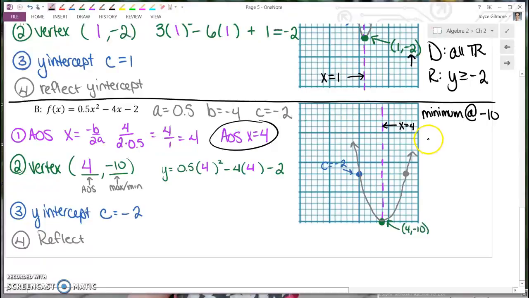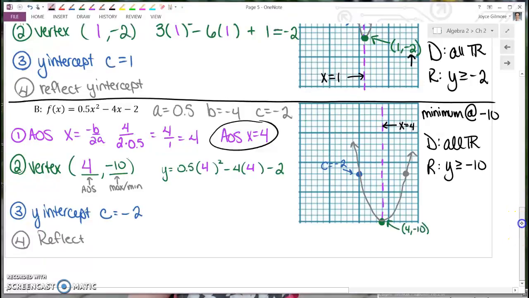And then the domain and range. The domain, all real numbers. How about the range for this graph? y is greater than or equal to -10. Notice the minimum value and the range are tied to each other.